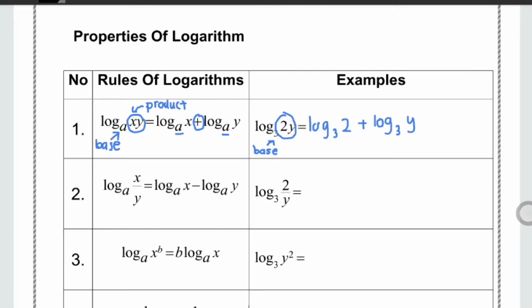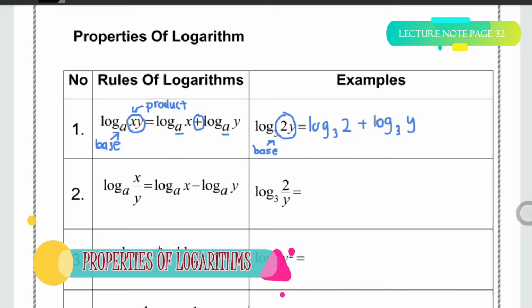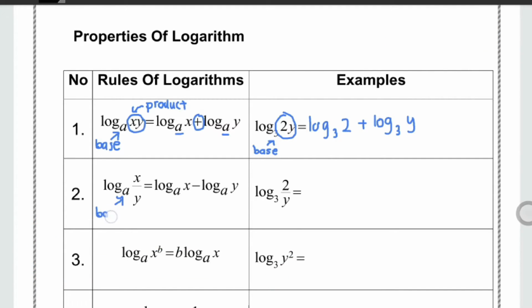Now moving to rule number 2, we have log x over y base a equals log x base a minus log y base a. Again, a is the base and we have the argument x over y, which is in fraction form, or we can read it as x divided by y.